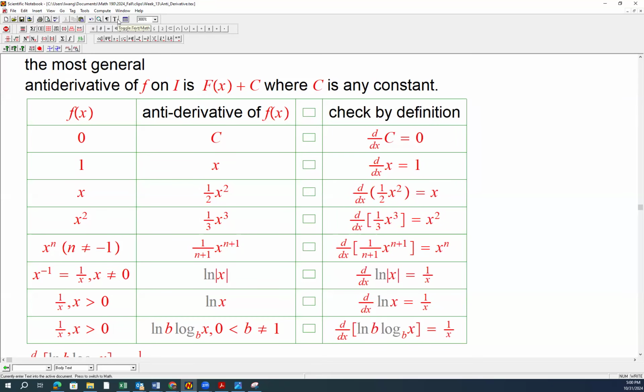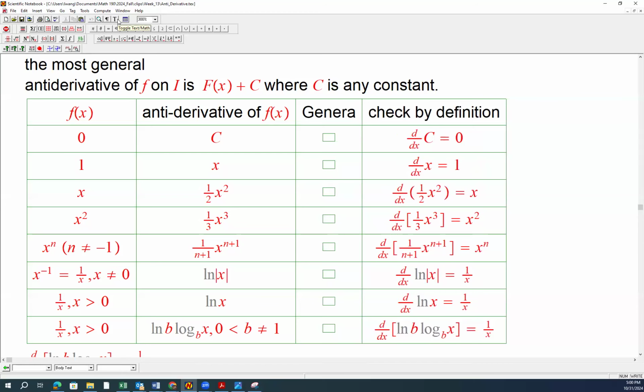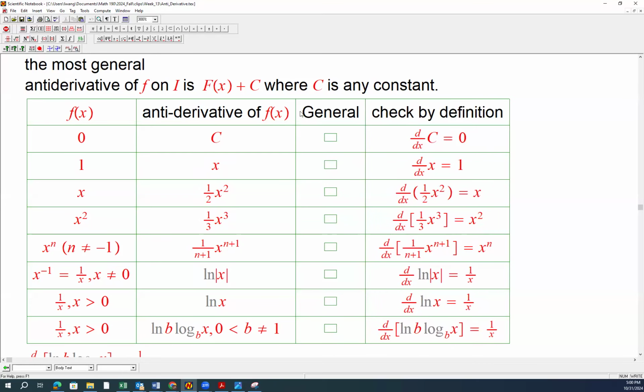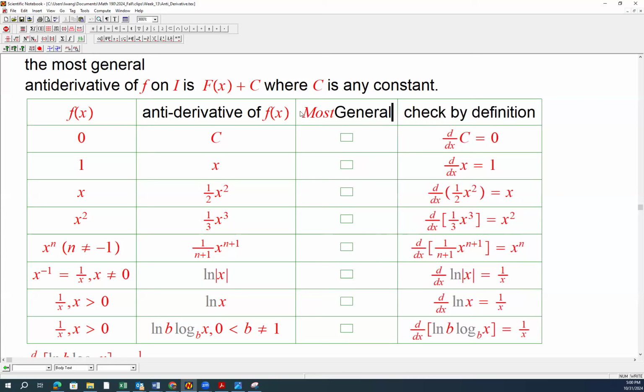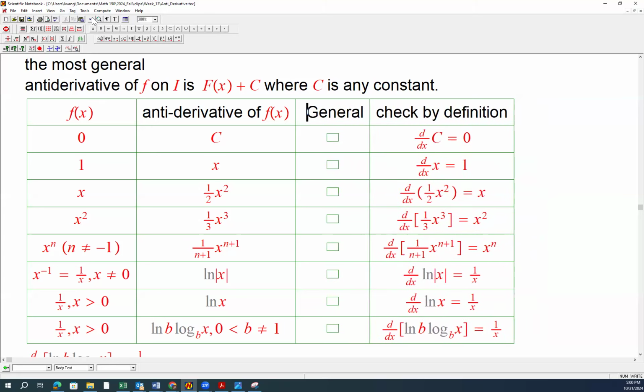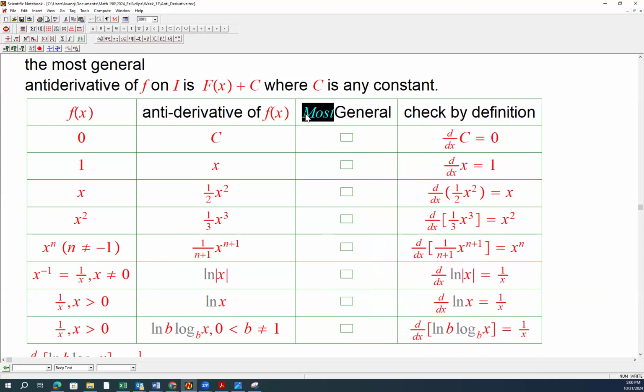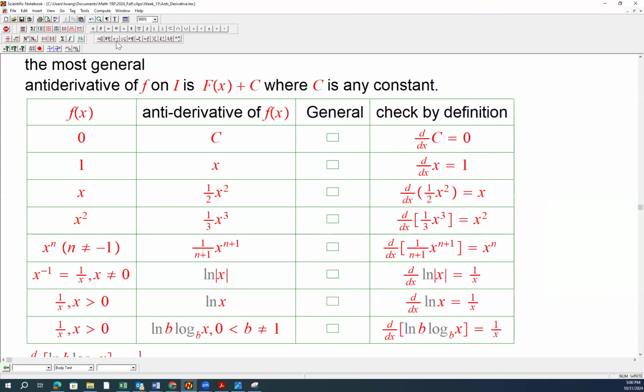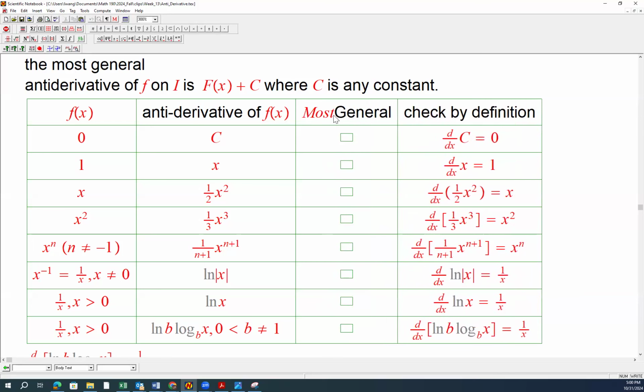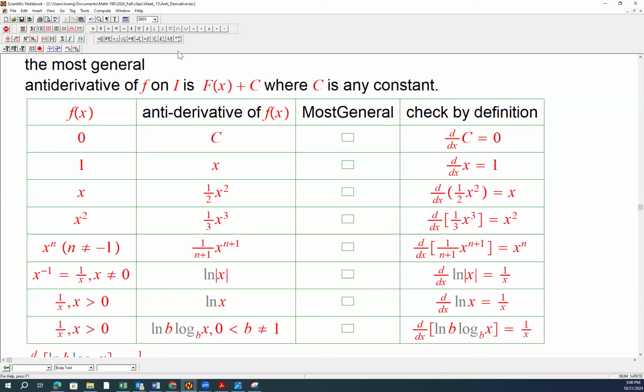Most general form. Most general antiderivative.